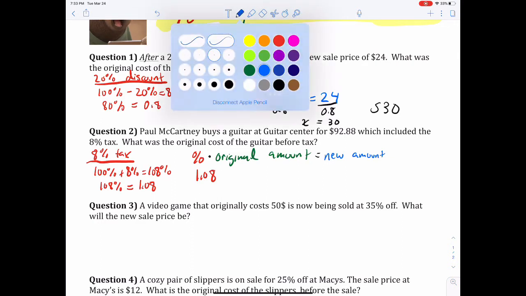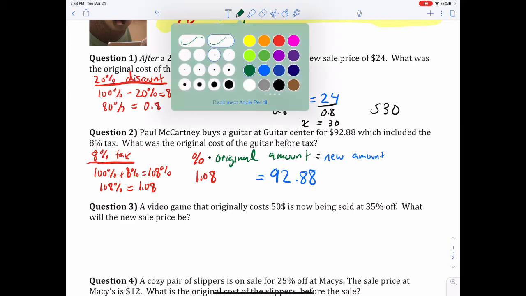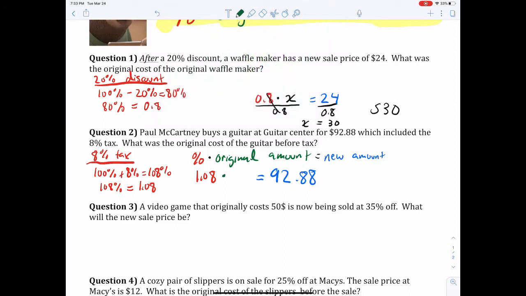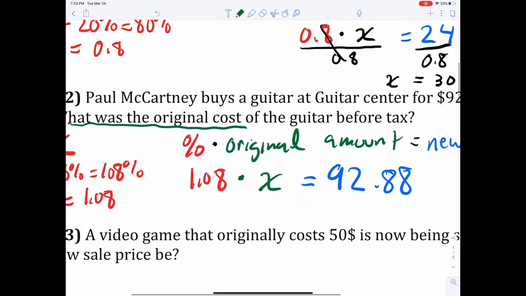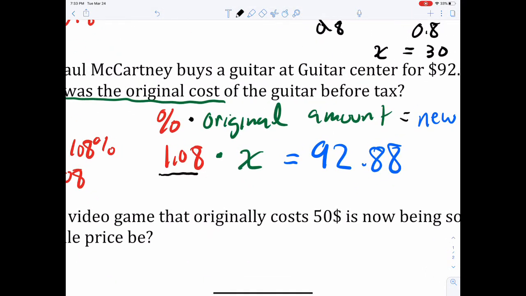Our new amount is the amount after tax. The guitar costs something, but the new amount is the new cost you have to pay after the tax. So that's going to be our $92.88. And then the green, the original amount, well, we're not sure because it's really asking us what was the original cost. So that's times x. And now that we have an equation, we can just solve it just like we would back in October, right around Halloween.